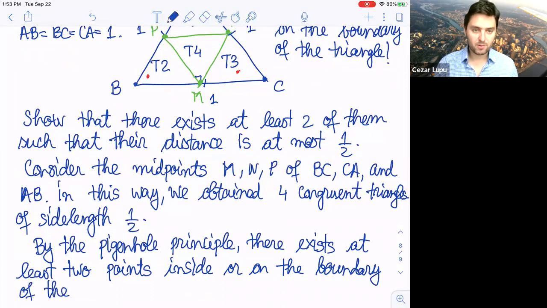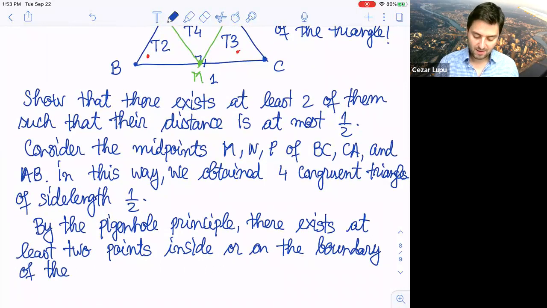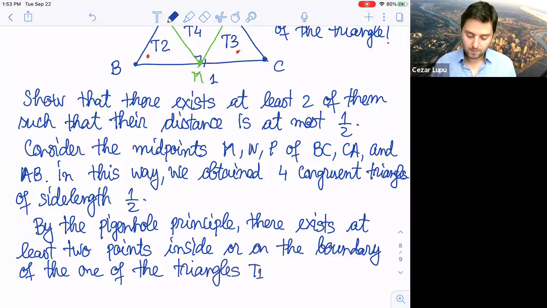You see, in combinatorics, you have to write a lot. And one of the triangles, T1, T2, T3, T4. It doesn't matter which one.